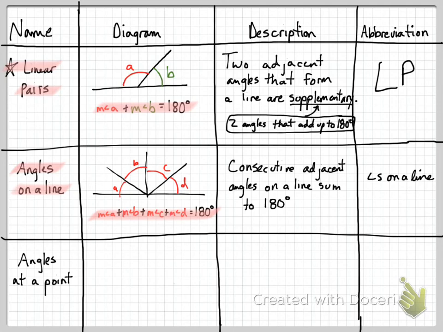Okay, so angles at a point, the diagram is going to look something like this. Again, I'm showing this with 3 angles, but I could have made this with 4, 5, 6. Is this our last one? Yeah, it's the last one for the day.